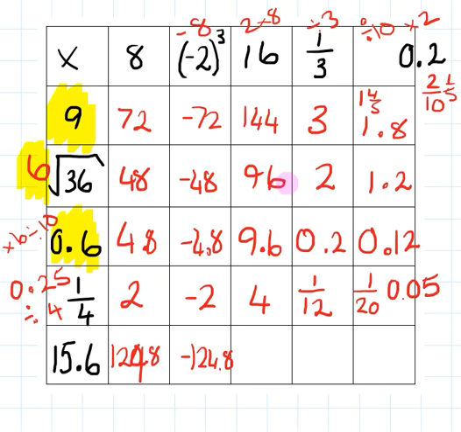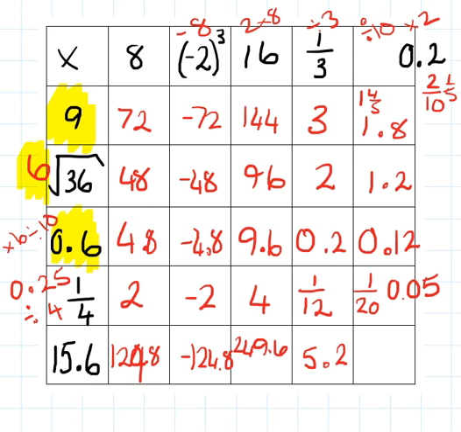144 plus 96 makes, bring the 4, make 100, so that makes 240. Then the 9.6, 249.6. Okay. 3, 2, and 0.2 makes 5.2.